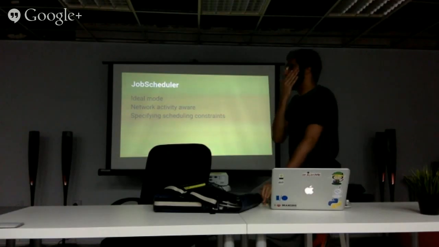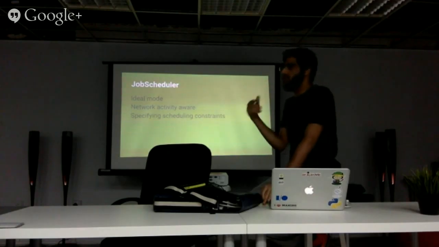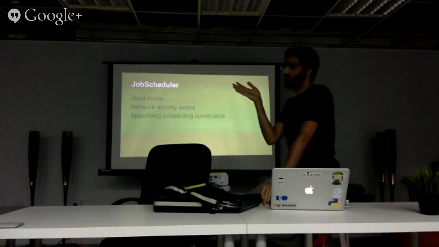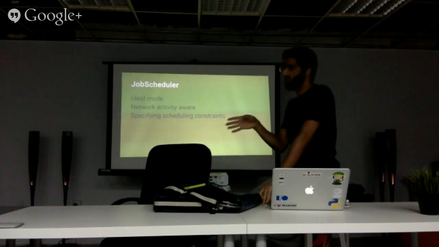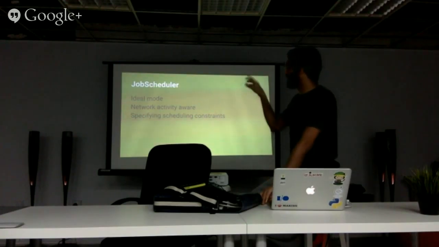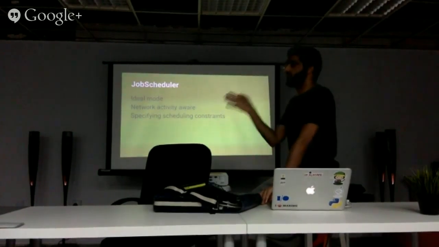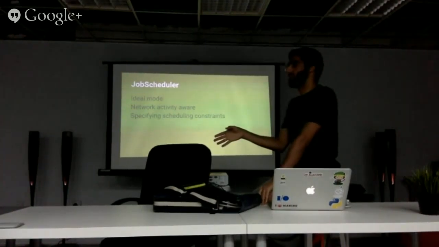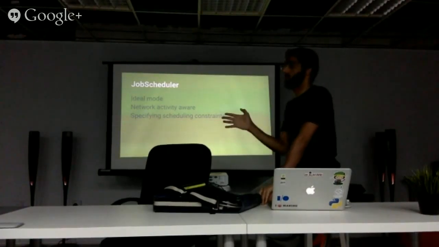If you want prayer times, I'm checking if now is the prayer time, then start a service. So what I can do is set the job scheduler at 12 a.m., at night.